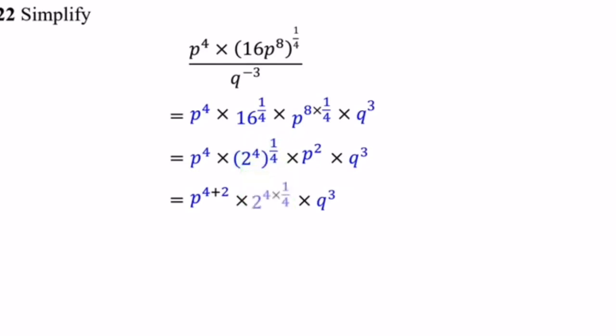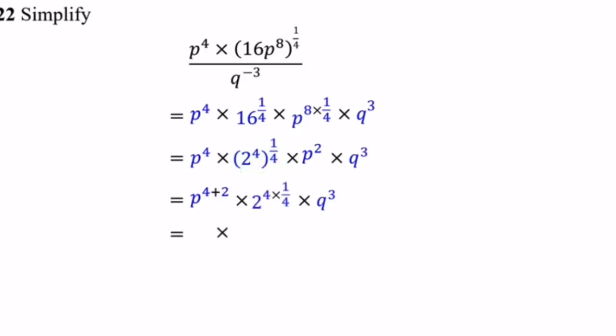We have a number 2, we write the number in front. Okay, so we have 2, and then we have p power 6 and q power 3, right? That is how you simplify the indices to the simplest form.